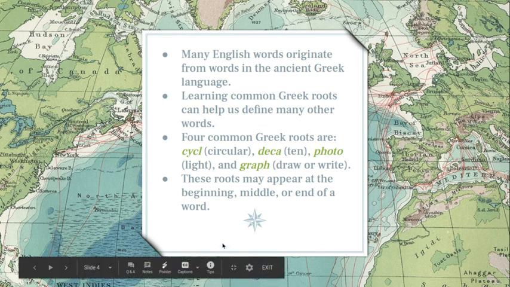These roots may appear at the beginning, middle, or end of a word. And that's just a very few. There are hundreds of Greek roots.